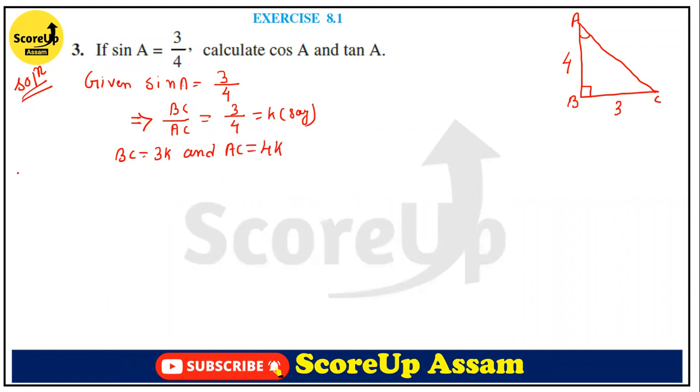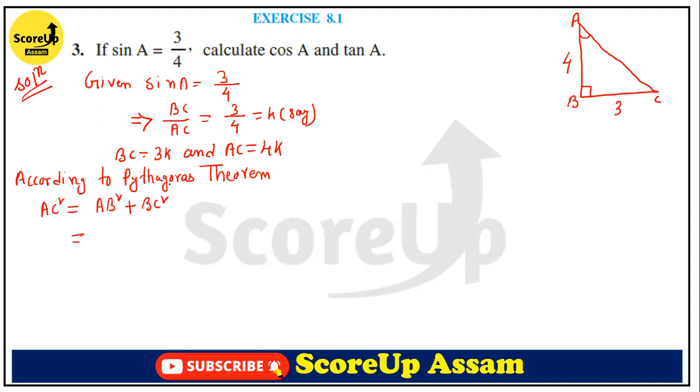So according to Pythagoras theorem, we can write that AC square is equal to AB square plus BC square.